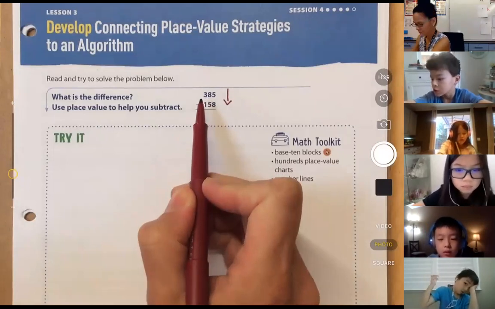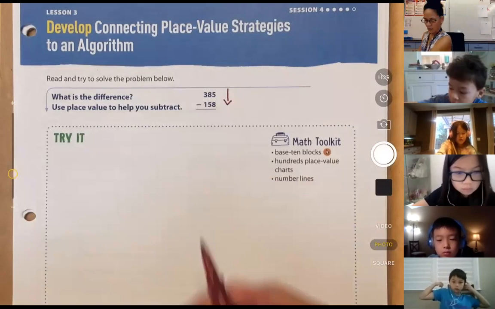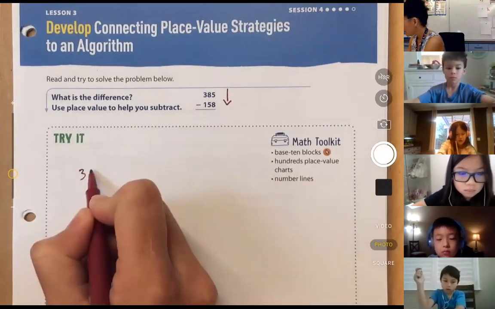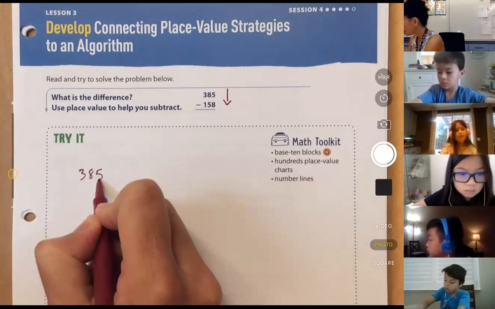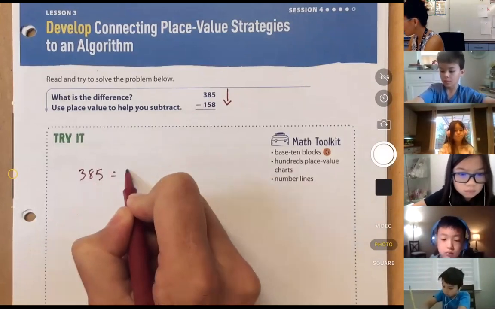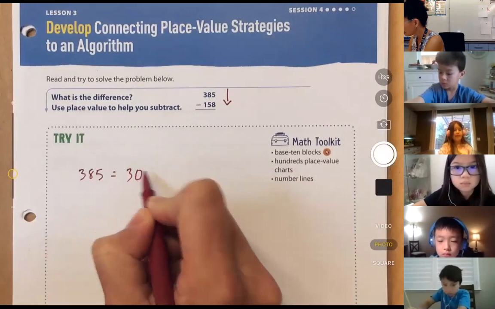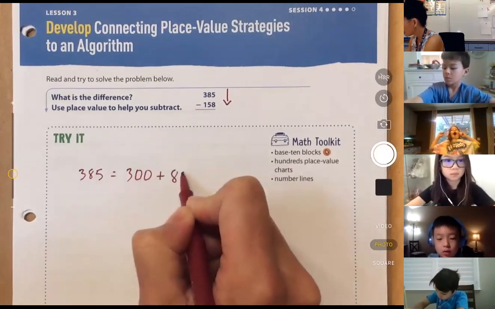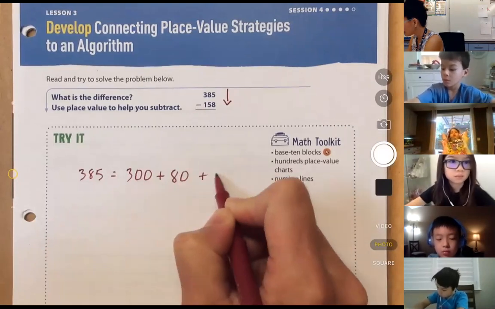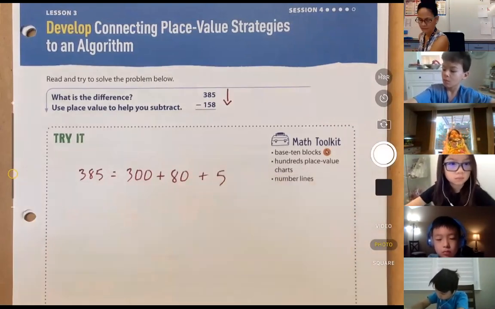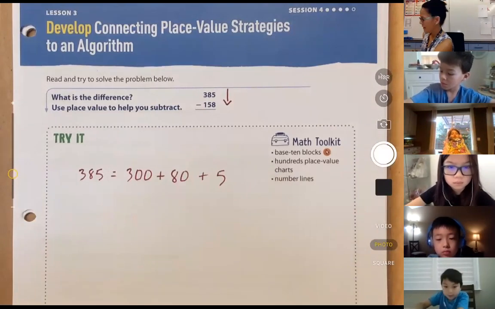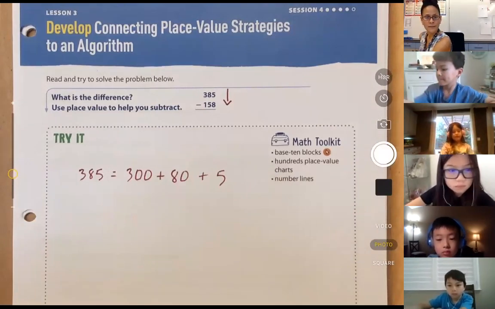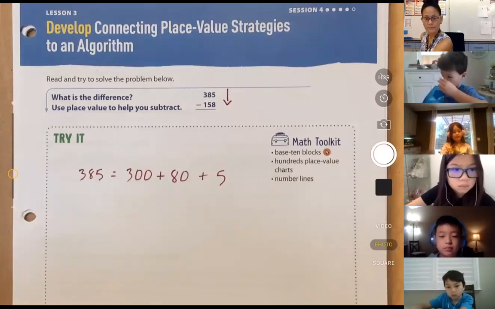So let's do that. 385 is equal to 300 plus 80 plus 5. And then we're going to take 158 and we're going to expand that.